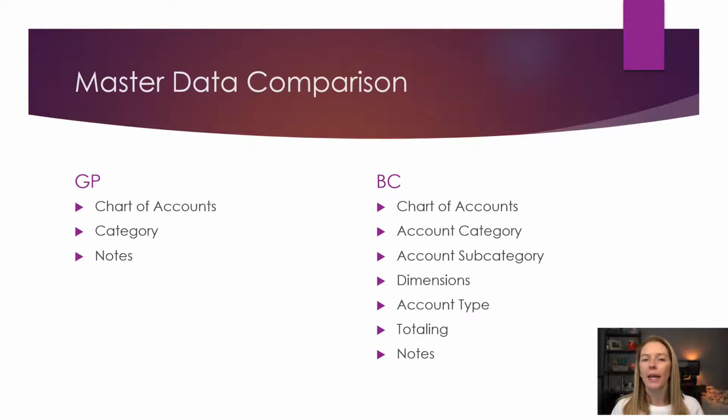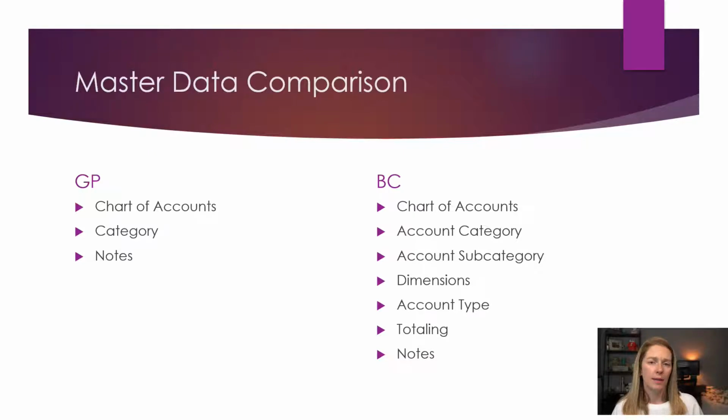There are 48 of them inside of GP out of the box, and then you can add additional categories. What that allows you to do is, on your financials, like inside of Advanced Financials, it absolutely uses them. But inside of Management Reporter, you could actually print a line or a row by that category.